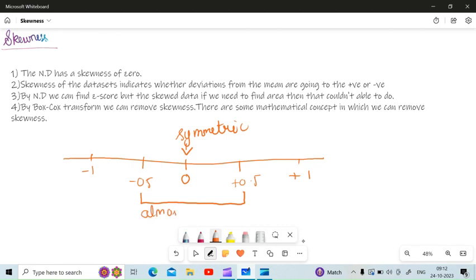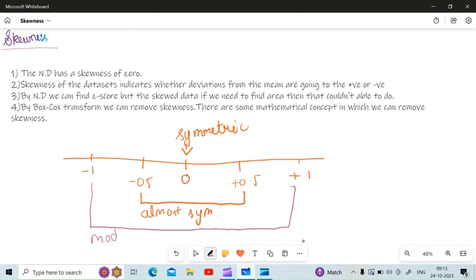Not exactly symmetric, but almost. And if it lies from -1 to +1, then we say that it's moderately skewed.